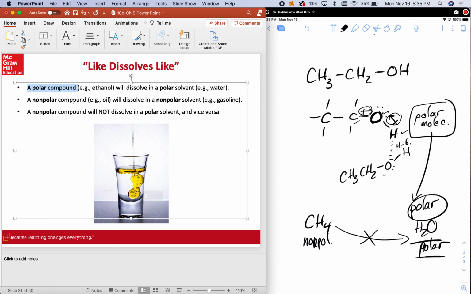And this is an example of oil, let's say vegetable oil or some kind of other cooking oil that you're pouring in water. And you notice, I think you know this from the kitchen, that these two do not mix completely, right? And so that's because you've got unlike liquids, right? The oil is nonpolar and water is polar.